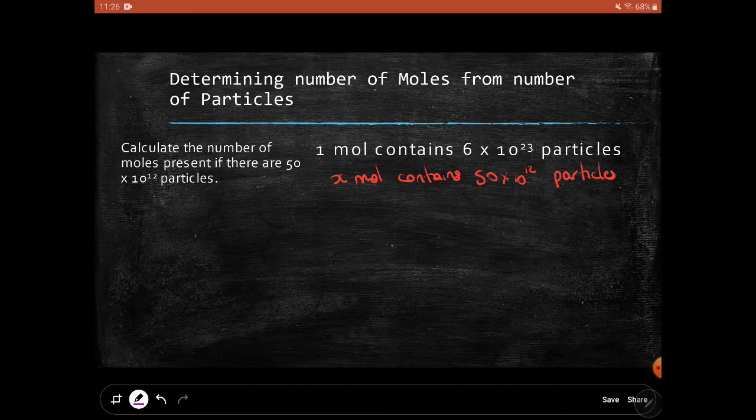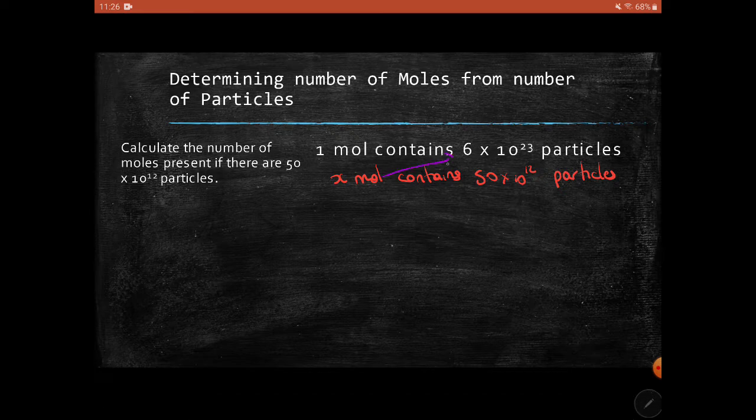We would then cross multiply and the result would be x times 6 times 10 to the 23 is equal to 1 times 50 times 10 to the 12.